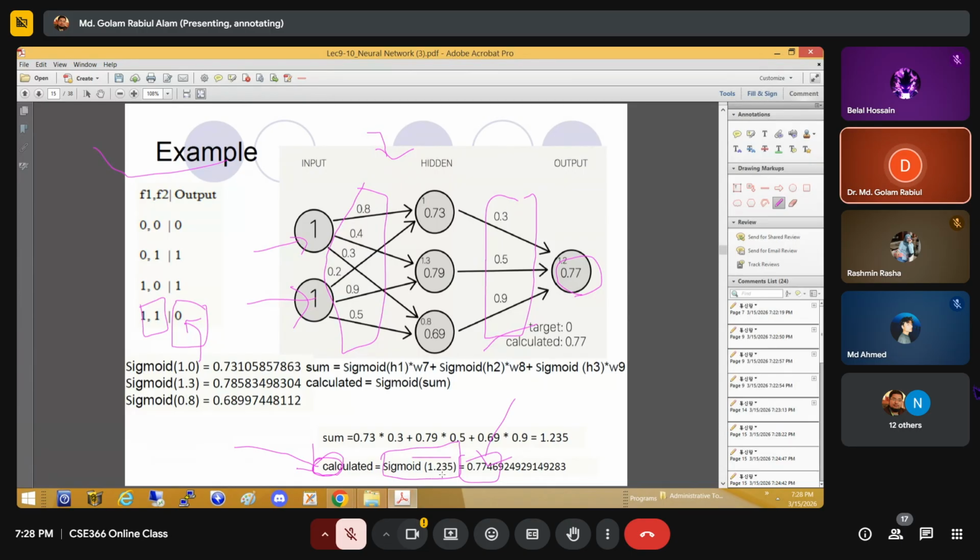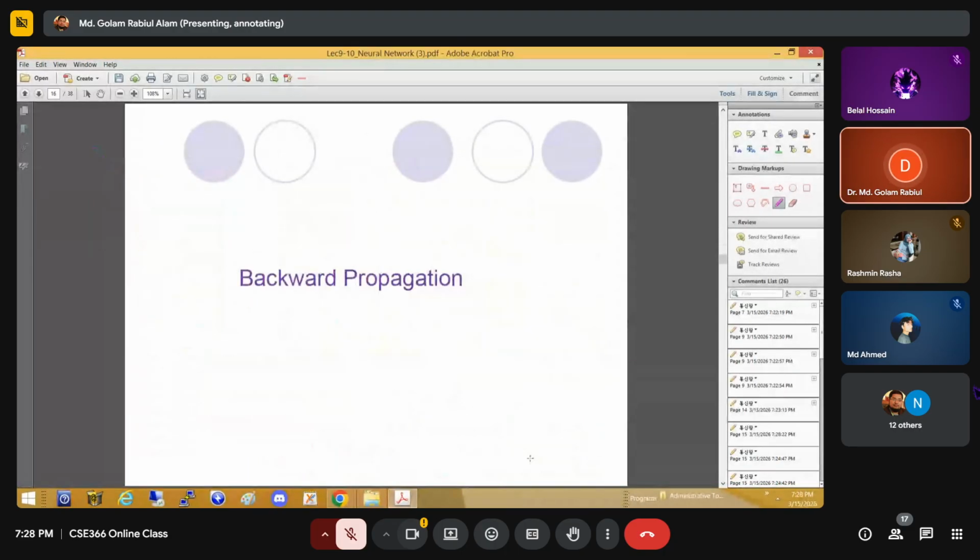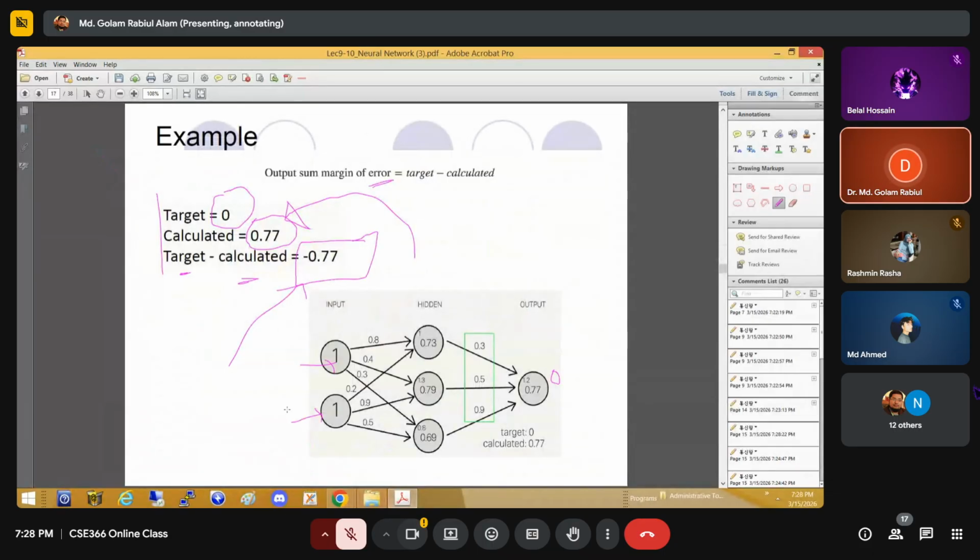So if we change this one, then only from that we can change the 0.774. And if we change the 0.774 in the right direction, then only the error will be minimized. Okay? Error will be minimized.